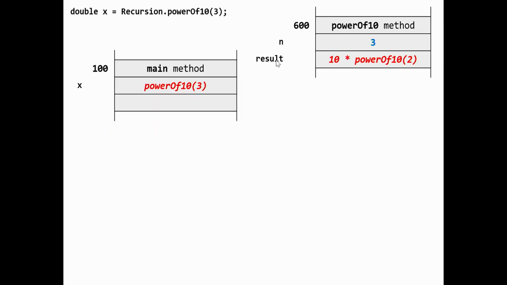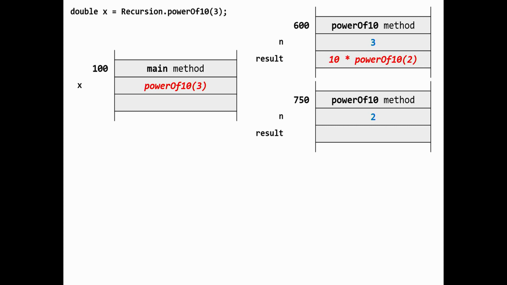So the result, which also takes up memory on the call stack, is the value of 10 times power of 10 of 2. But that's another call to a method, so that method appears on the call stack. That 2 appears in the parameter n of this version of the method, not this version.